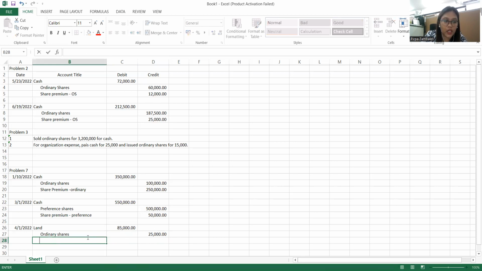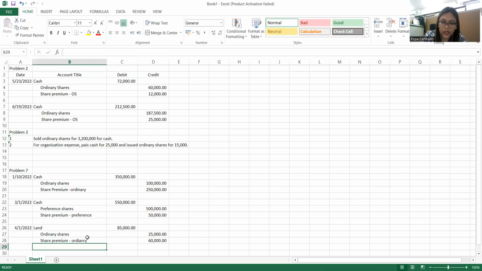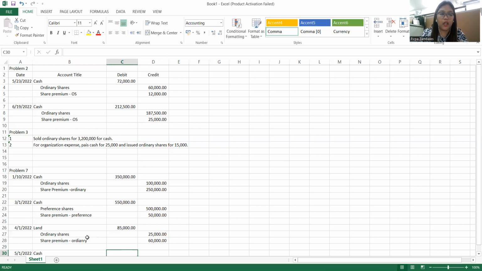Of course, there's an excess, so it's share premium, ordinary. Okay, I hope all of you can still follow, no? Then next is on May 1. On May 1, the corporation issued 7,500 ordinary shares for cash. That's easy, no? The debit to cash, he says.